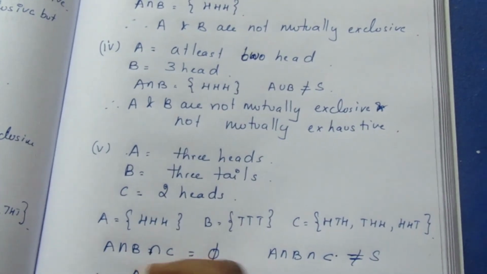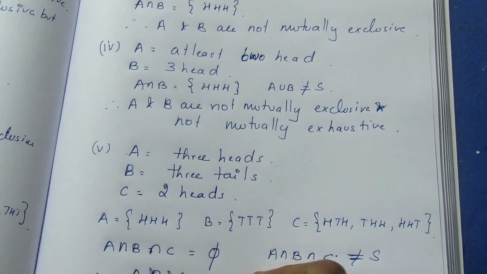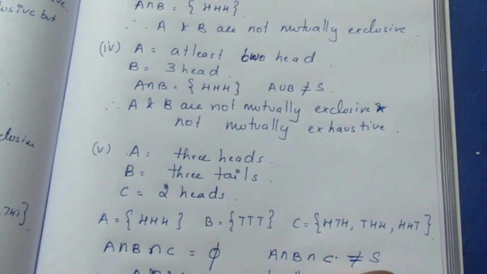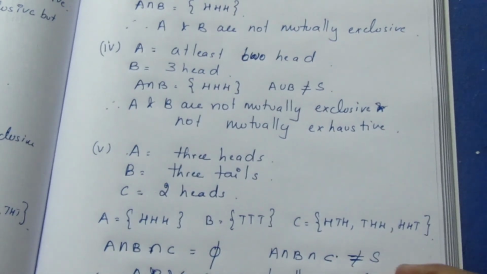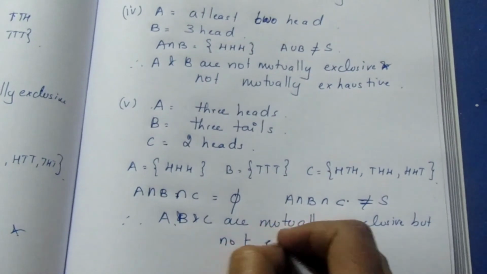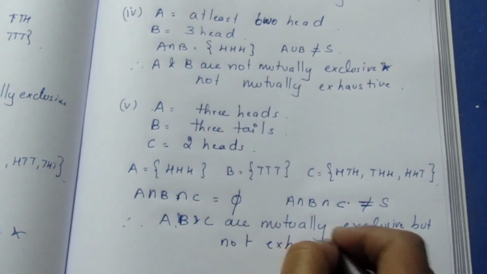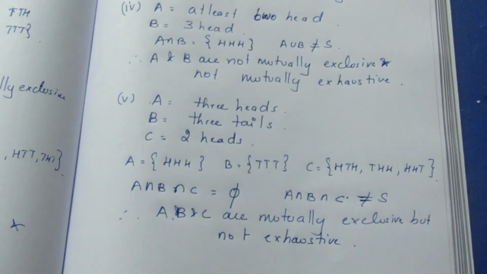Therefore, A, B, and C are mutually exclusive because of no intersection, but not exhaustive. As there is no intersection, it is a mutually exclusive event, but not exhaustive because the union is not equal to the sample space. That's all with the sum. Thank you.